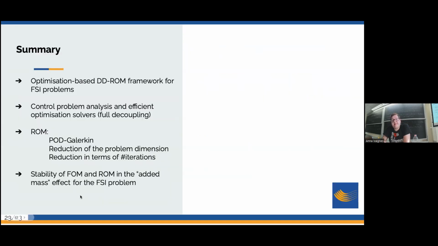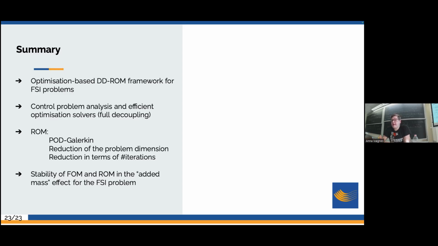This is where it matters: our method is stable in the case of the so-called added mass effect. The added mass effect occurs when the fluid and structure densities are very close, or when the domain has a very slender structure, and it is the main cause of instability of the completely partitioned approaches in fluid structure interaction problems.